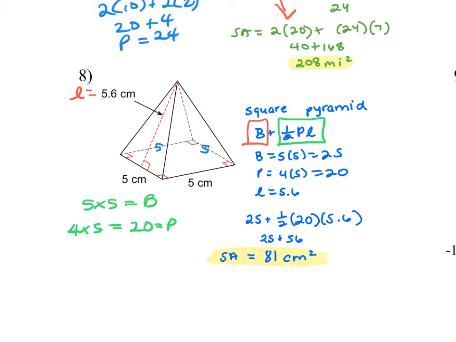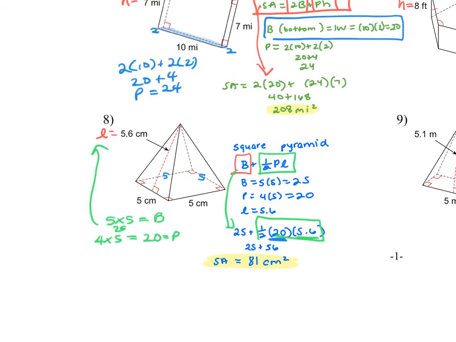And then my slant height is up here. So now I can take all those numbers and plug them in. 5 times 5 is 25, and then the perimeter, which is here, and then the slant height, which is here. Multiply these three, you get 56, and then add that to 25, and you get 81 centimeters squared.